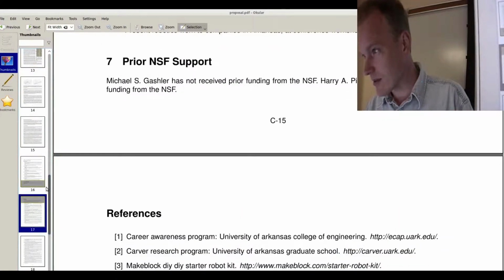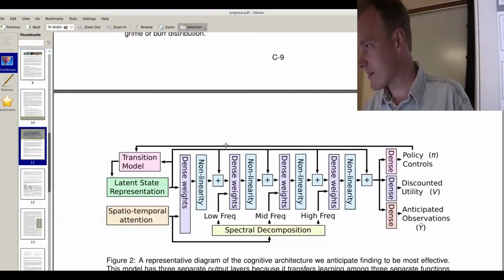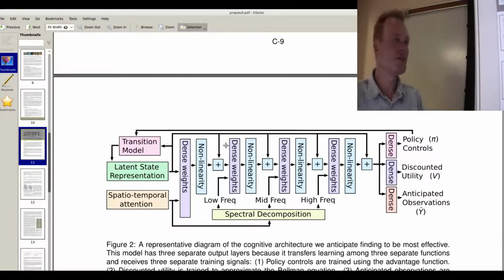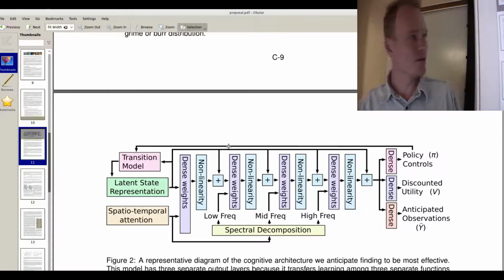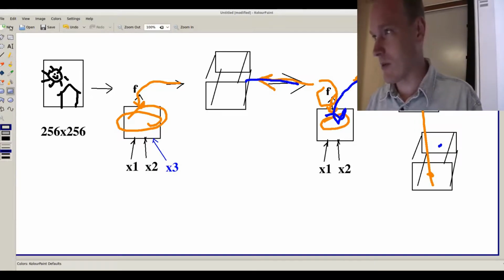In that proposal was an architecture that I was proposing to build. And I want to talk you through some of the ideas here and see if any of these make sense to you. Actually, before I do that, I should talk you through a certain learning algorithm.